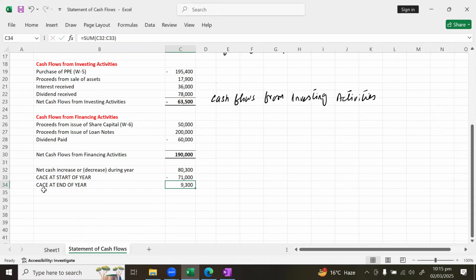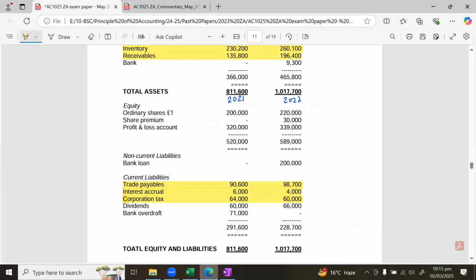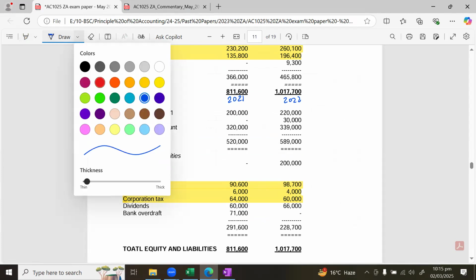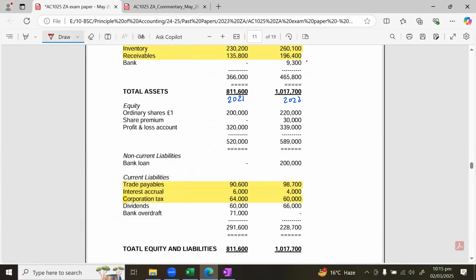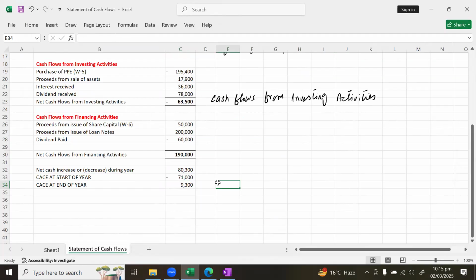So cash and cash equivalents by the end of the year should be 9,300. That proves that we have solved the question. Our answer is 100% correct.